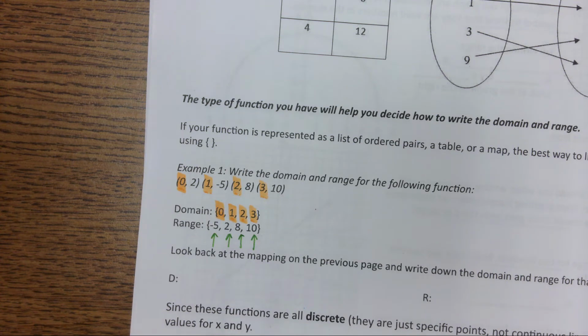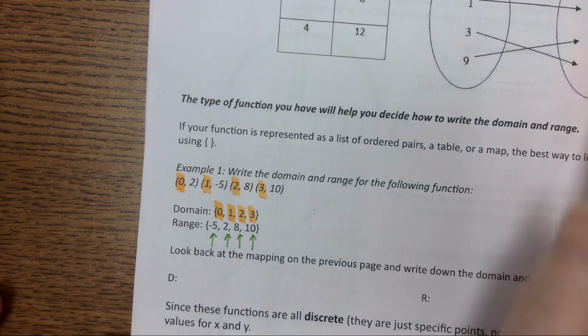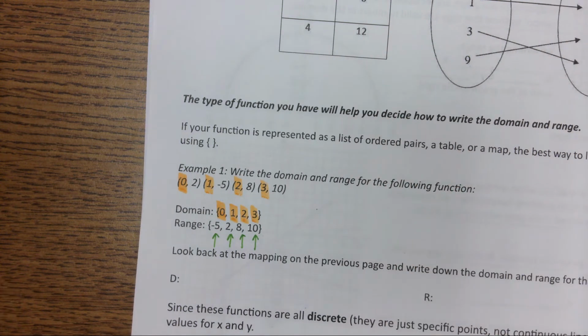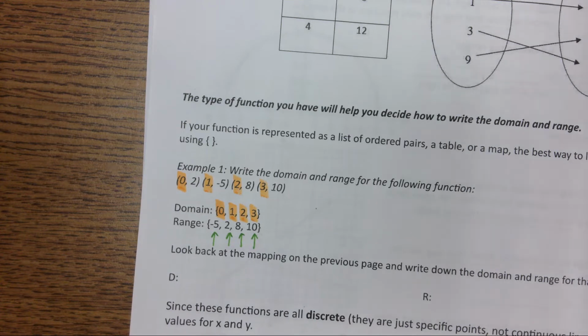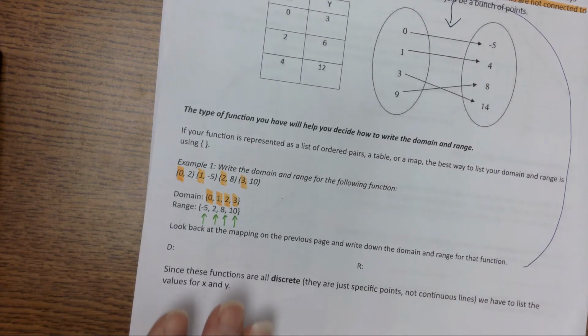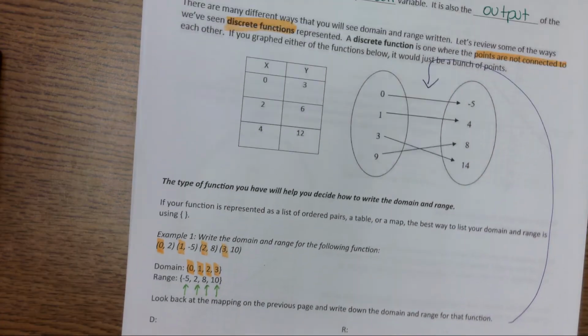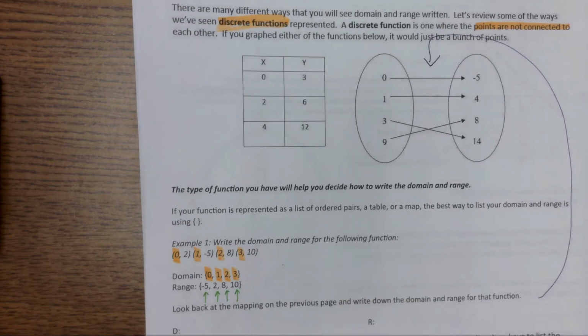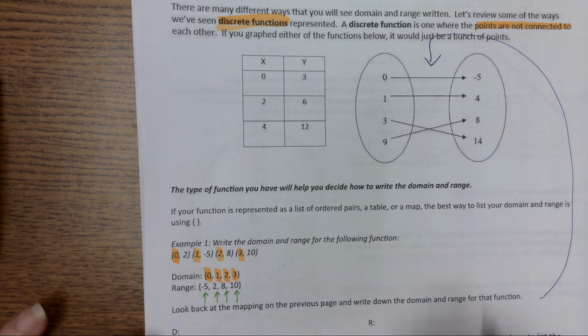Okay. Let's look at the one right here. We're not going to go on the previous page. This mapping diagram up here, can you tell me what would the domain be for that one? 0, 1, 3, 9.